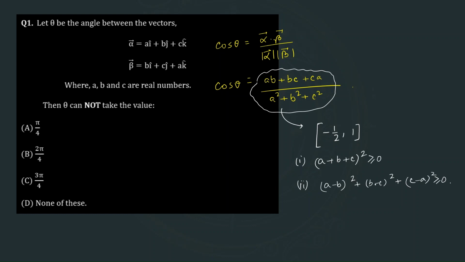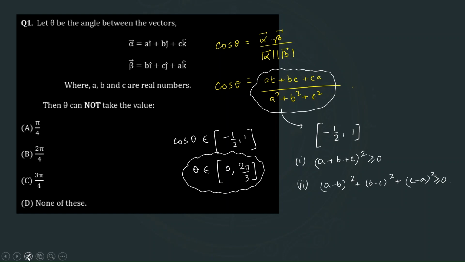From these two inequalities, you can find this range. Now, if we consider this range in this question, cos theta must lie between minus half and 1. So, what will be the value of theta? Theta will lie in the range 0 to 2 pi by 3. This is the range of theta.